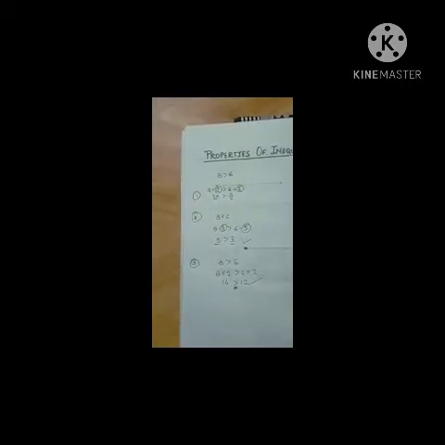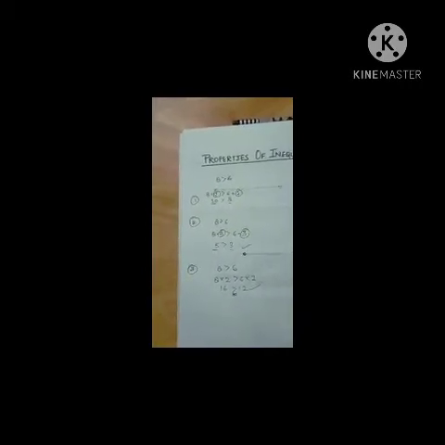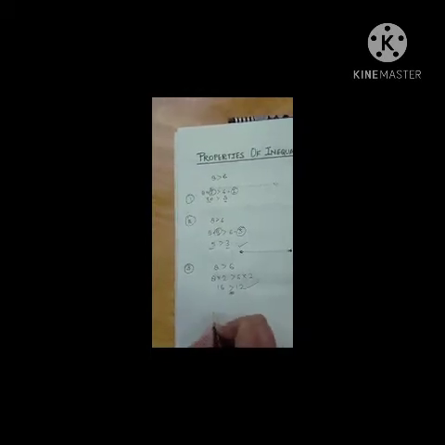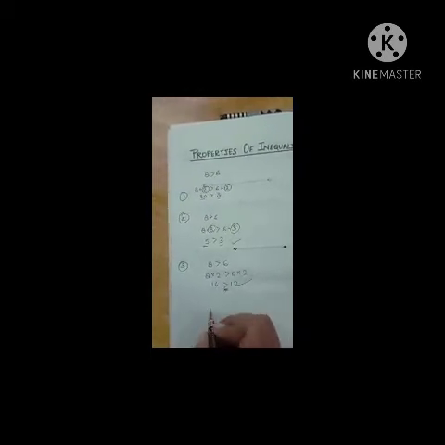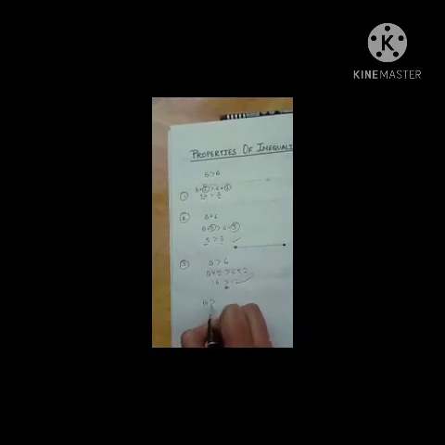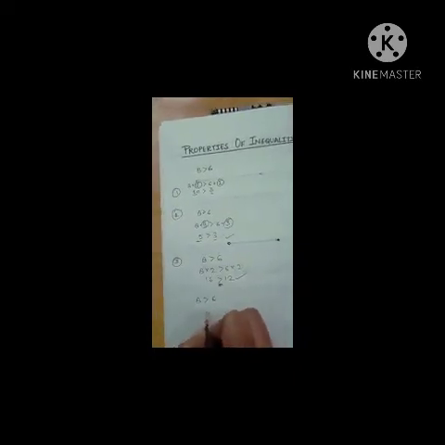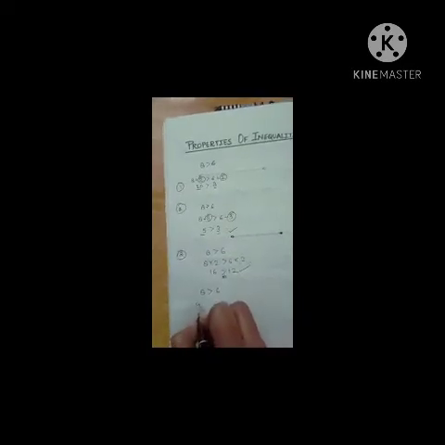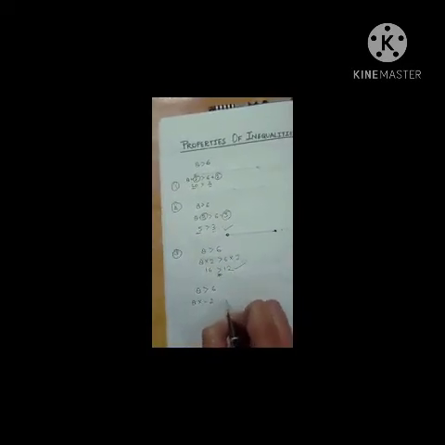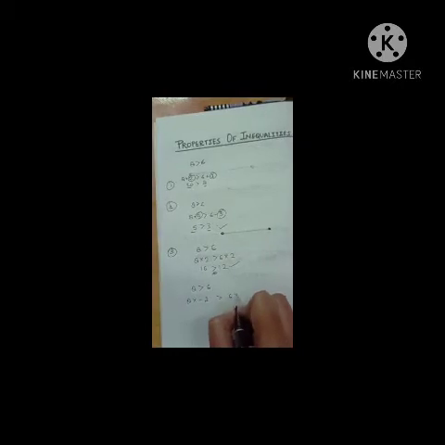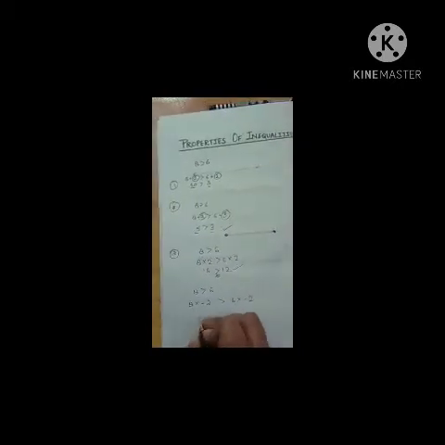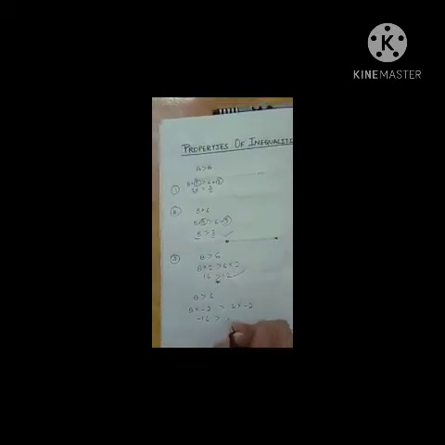Now suppose I multiply this inequality by a negative number, suppose I multiply it by -2, and here also by -2, so 8 times -2 gives -16 and here you get -12.